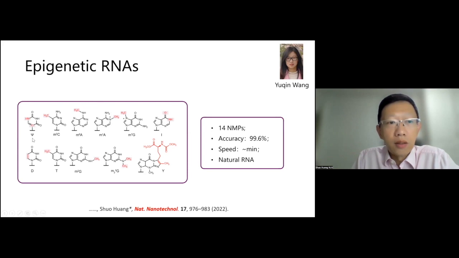And these are pseudouridine and m5C and so on. They are only slightly different. And it's very interesting that m6A and m1A have pretty much the same molecular weight as well. There are also many others, but we just can't get their standard compounds to test. So we just tested 14 of them, and within minutes, they were discriminated using this kind of technology.